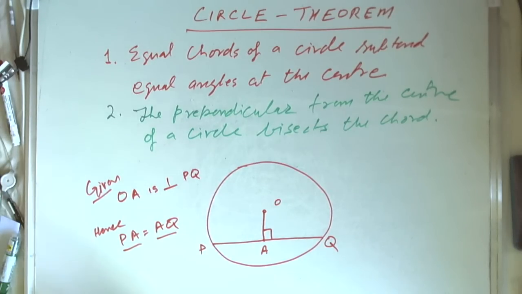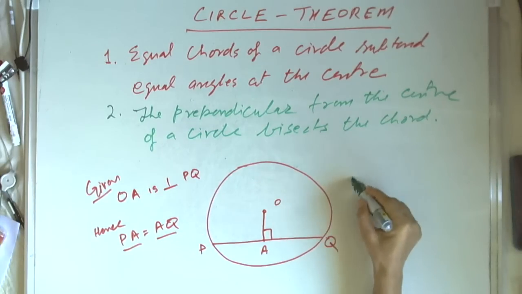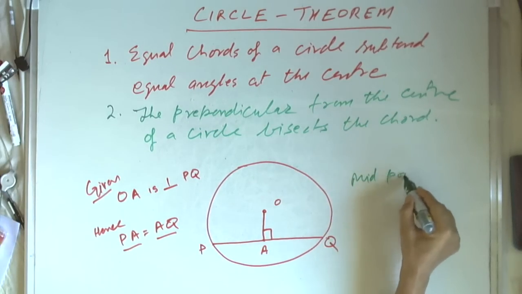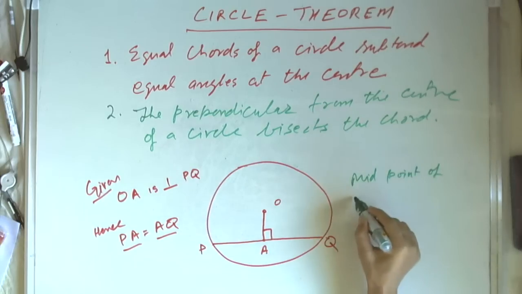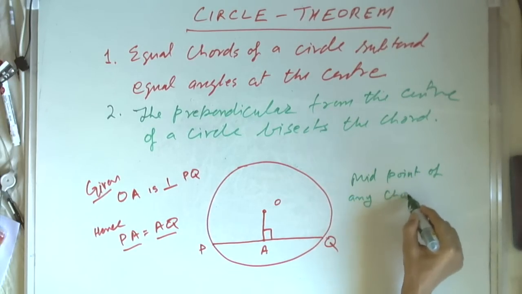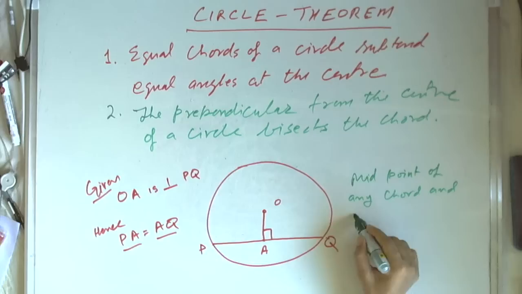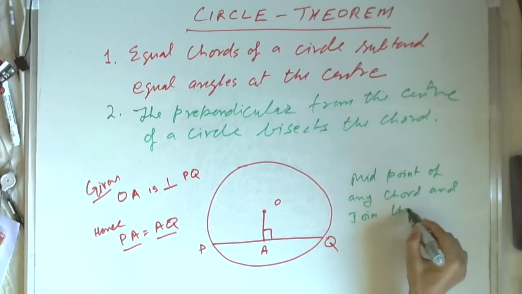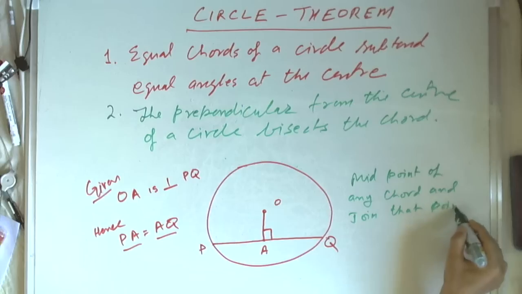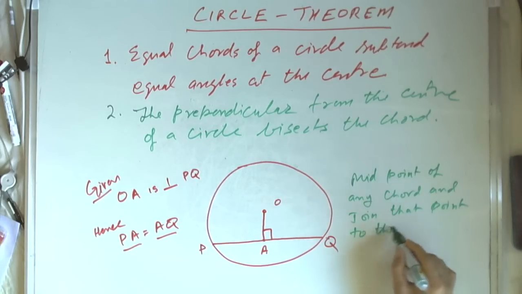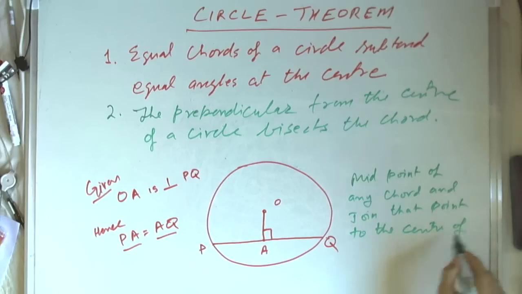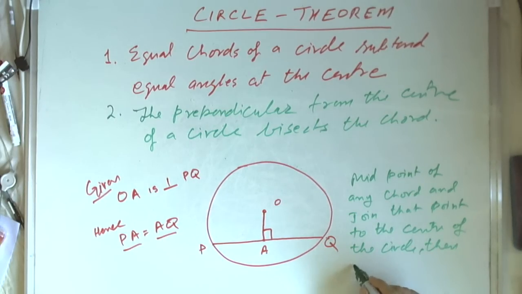And the converse of the theorem is that if we take the midpoint of any chord and join that point to the center of the circle, then the line will be perpendicular.